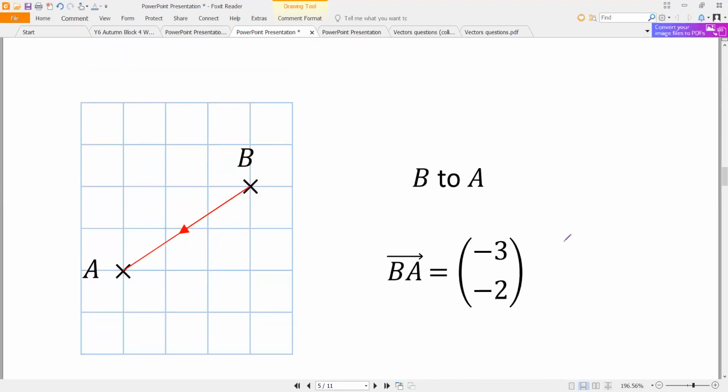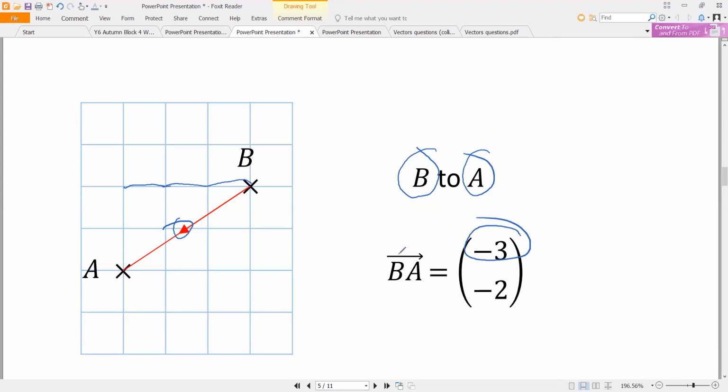For this one, if I ask you, the vector translated from B to A, what will be that vector? So the vector BA will be, now look at this. This is your direction. So you're going this way, 1, 2, and 3. That is -3.